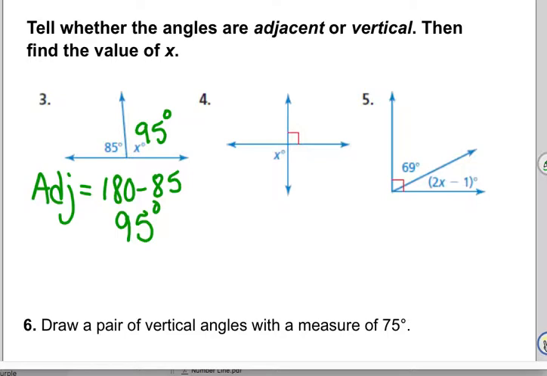Number 4, adjacent or vertical? Vertical. Good. And if they're vertical, 90 degrees. Good. What about number 5? Are they adjacent or vertical? They're adjacent. Find the missing angle.